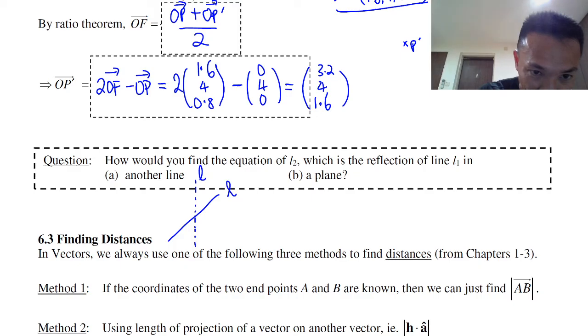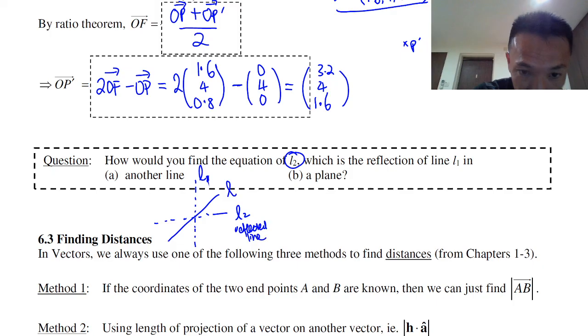How do I reflect L1 in this line? So effectively, the reflected line is this one. This is L2, which is the reflected line. So you have 3 lines basically. The first line L1, and then you want to reflect this L1 into this.